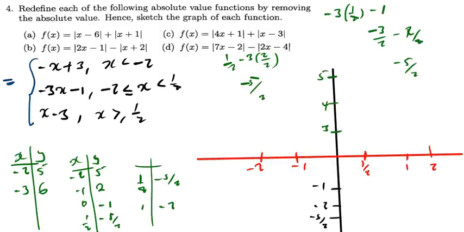So if I plot this now, let me just redo it here. We are saying that negative 2 comma 5: negative 2 is here, 5 is there.